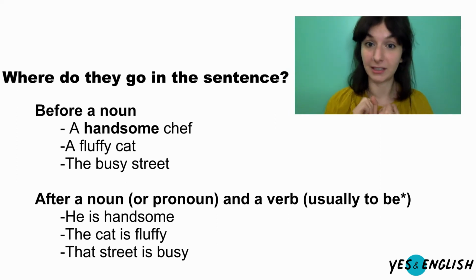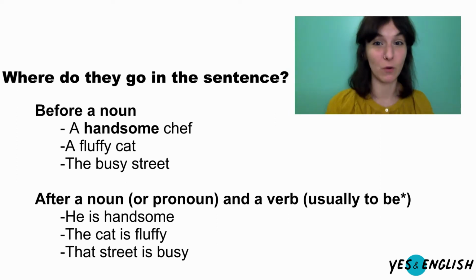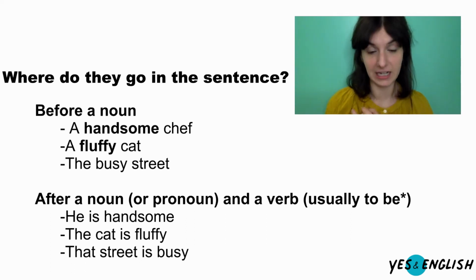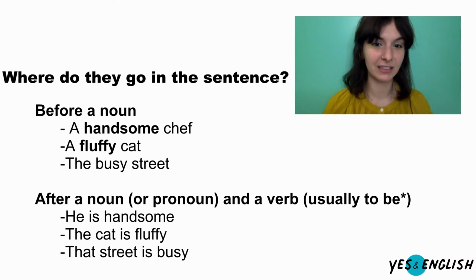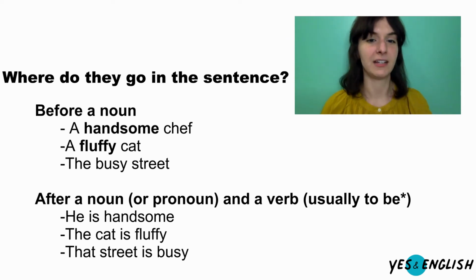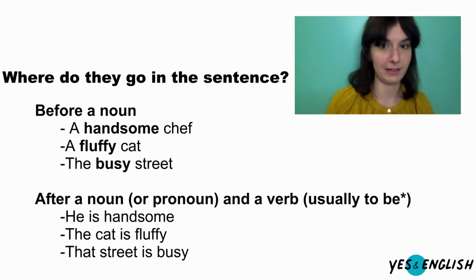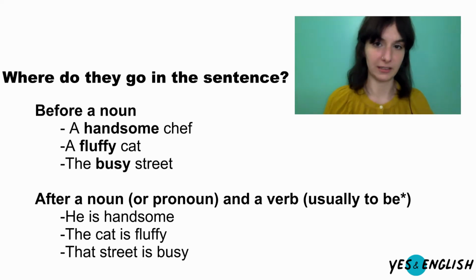The word handsome is an adjective and it comes right before the chef that it describes. Or a fluffy cat, okay? So thinking about my picture of my very, very handsome cat, fluffy comes before cat. Then another example would be the busy street. So busy comes before street, okay?